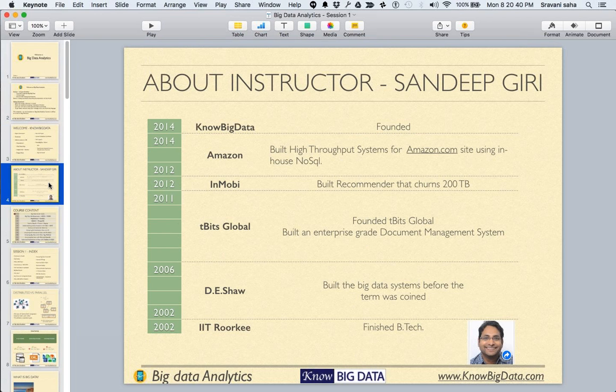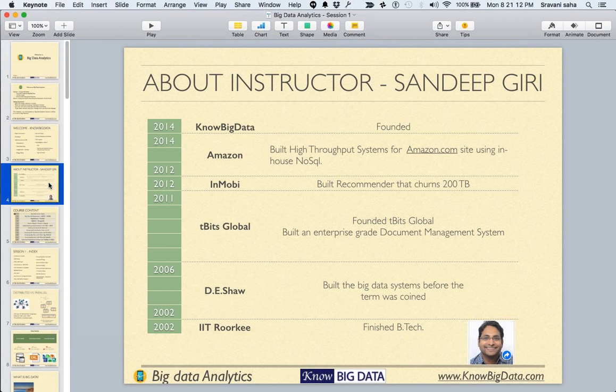So about myself, I did my graduation in 2002, which is quite 13 years ago, from IIT Roorkee, and then I joined a company called DE Shaw, where we built big data systems and analyzed humongous data before even the term was coined. We were probably one of those early companies handling terabytes of data and churning a few terabytes of data every day.